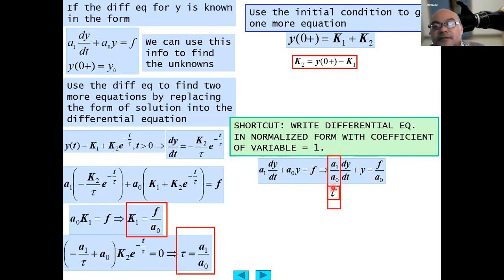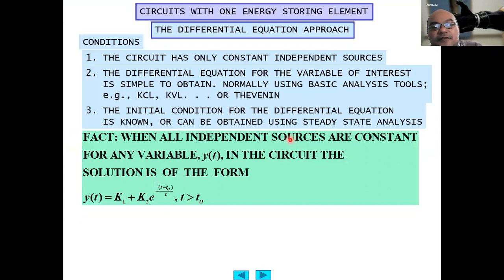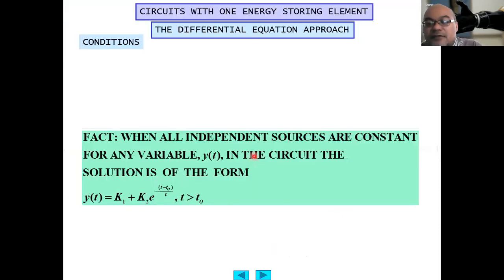This is basically the same as the previous standard form, where we expressed it as tau dx/dt plus x equals the forcing function.